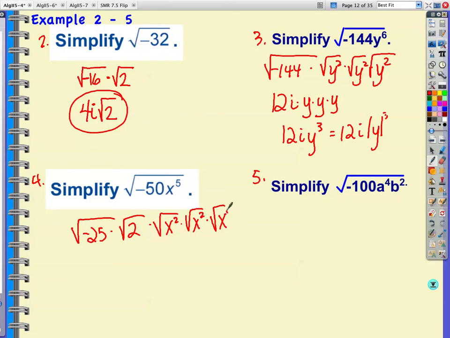This is a 5i. We have a square root of 2. What's the square root of x squared? x. Square root of x squared again is x, and square root of x. Rewrite it in the correct order. I have 5i x squared square root of 2x.